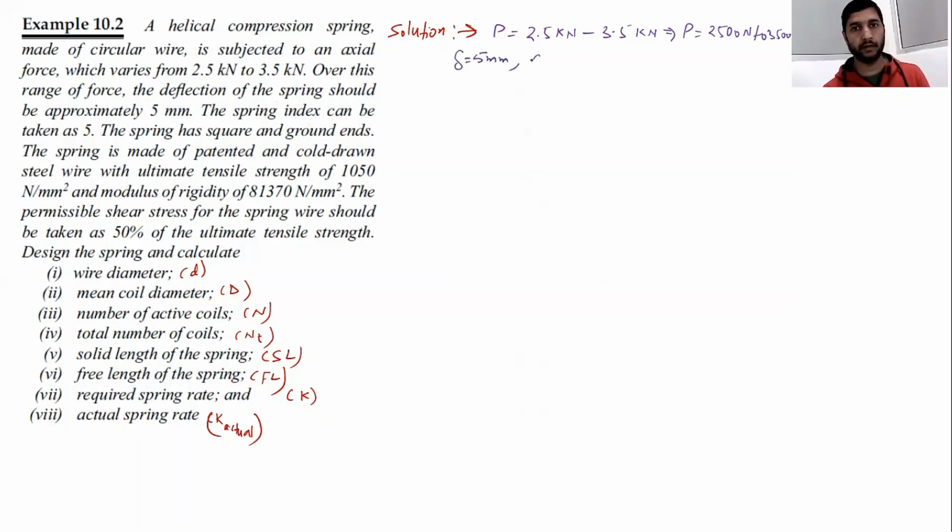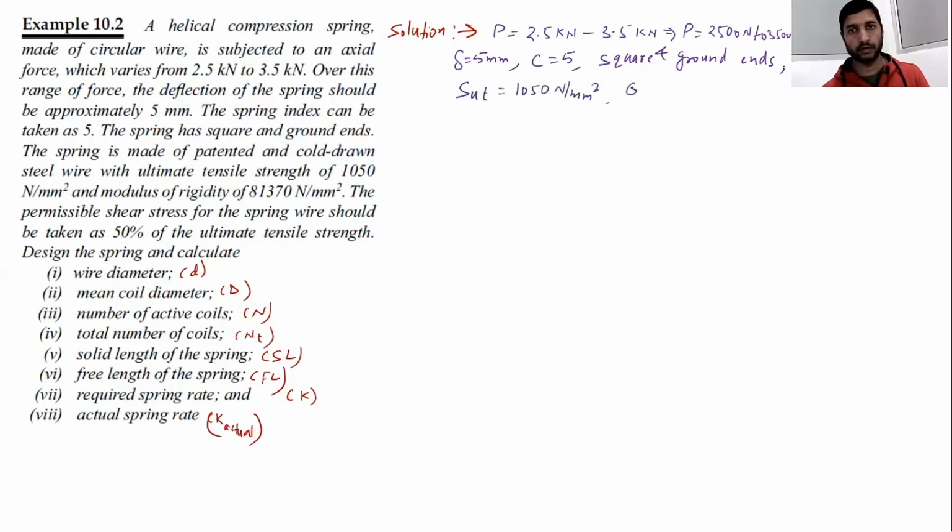Spring index is 5. यहाँ पे spring index 5 है, पिछले क्वेश्चन में 6 था. Spring has square and ground ends. ये given है हमारे पास. SUT is given to us, ultimate tensile strength 1050 Newton per mm square.